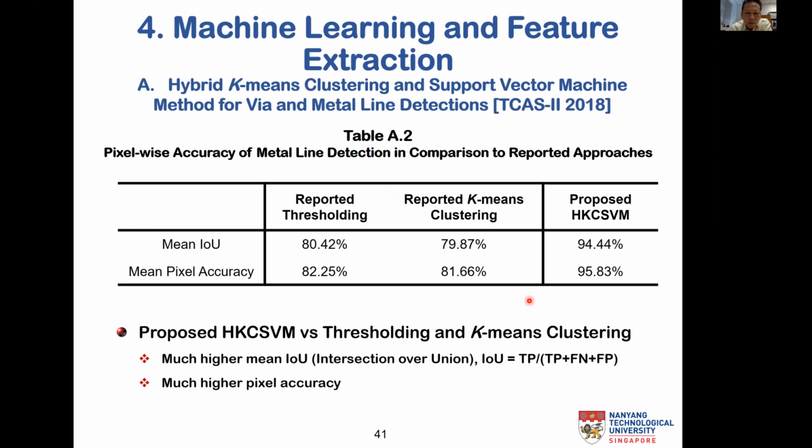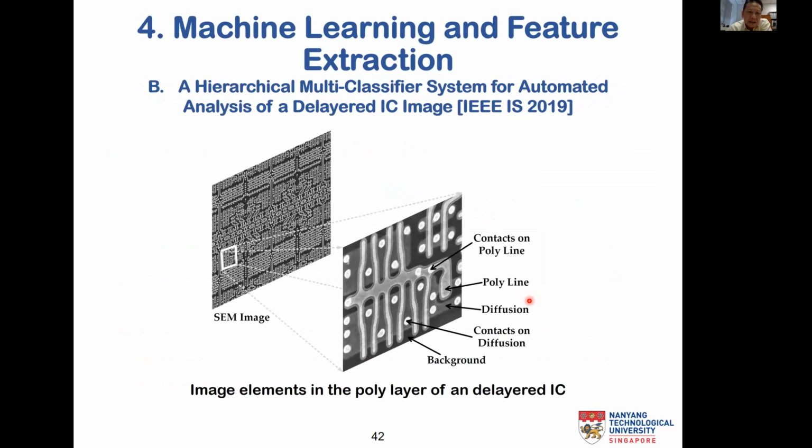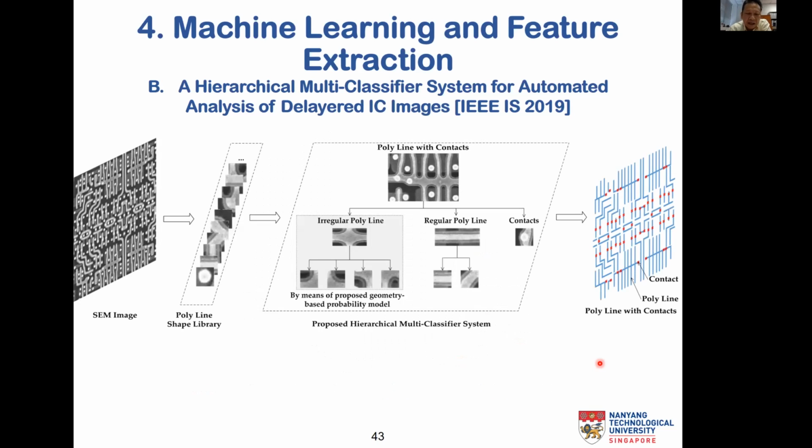Because of time constraints, I'll move on to another technique. This technique is a hierarchical multi-classifier system for automated analysis of the layer IC images. In these same images, you have a contact, a polyline, diffusion, contact on diffusion, and background. We're trying to identify all these items.